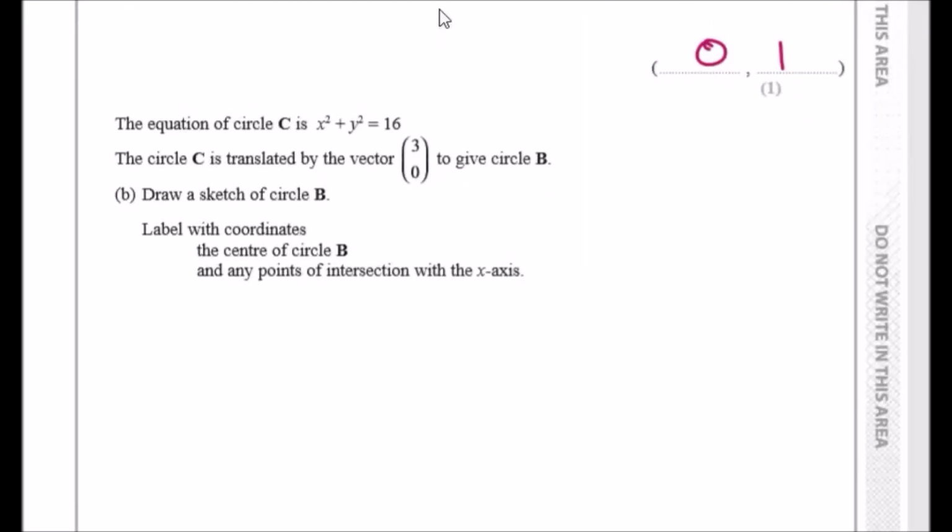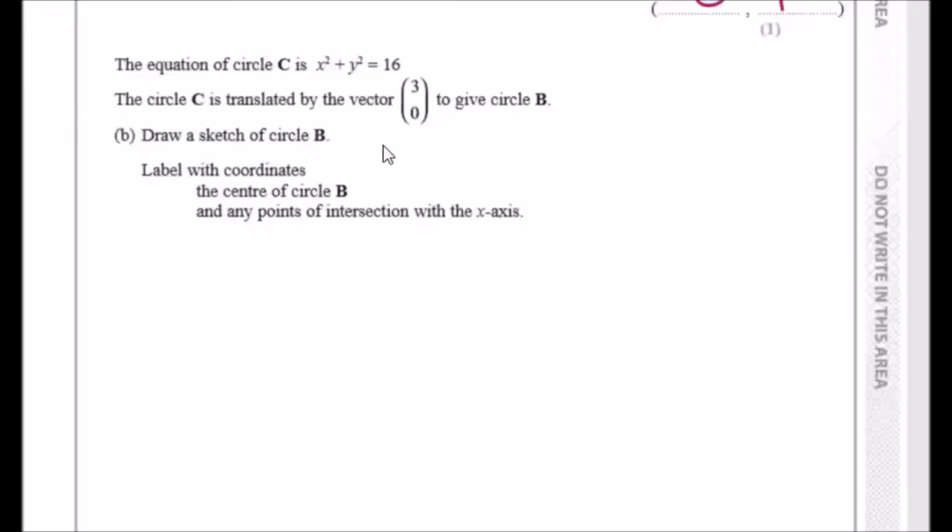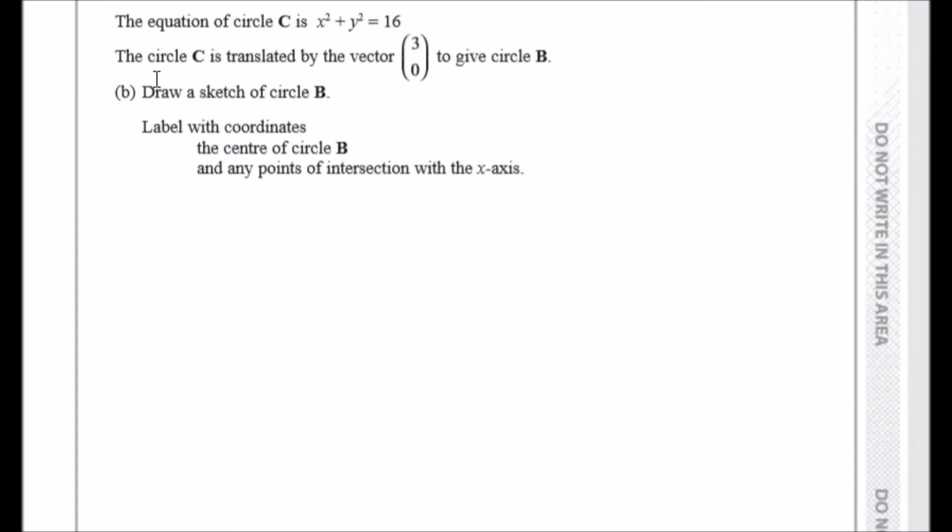Alright, the equation of a circle C is x squared plus y squared equals 16. The circle C is translated by the vector (3, 0). So it's moving to the right by 3, and it doesn't move up or down at all, to give circle B. So if you move 3 to the right, it means x minus 3, all squared.